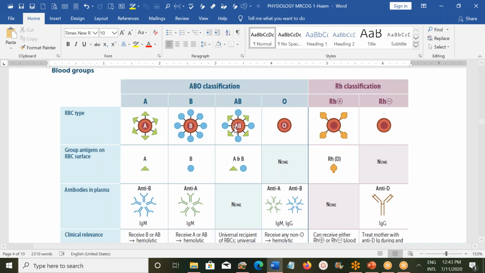If we talk about the ratio of different blood groups in different populations, in Caucasians the most common blood group is going to be O, followed by A. O is found in about 47%, A in about 40%, B group is rare, found in 9%, and AB is 3%.